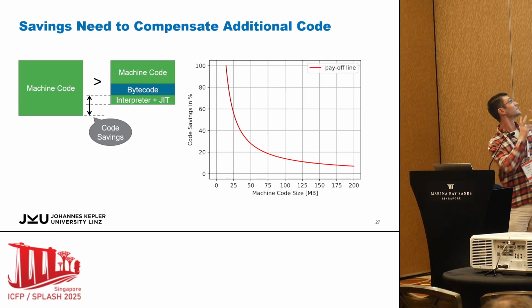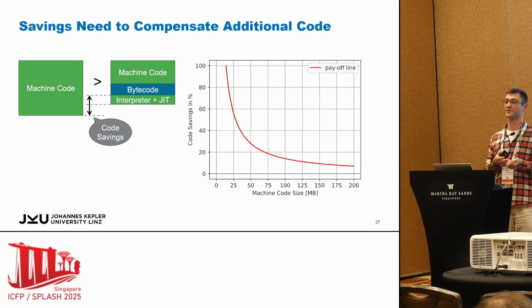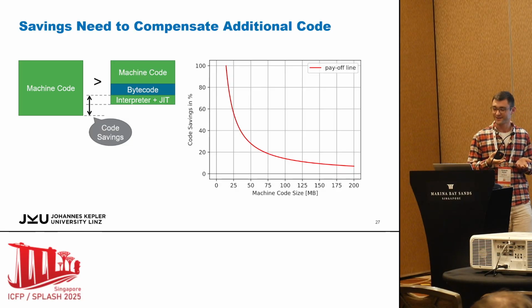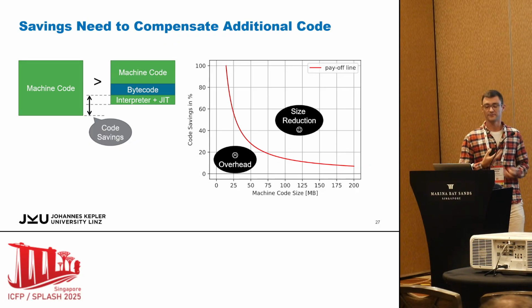Of course, for very small applications, the interpreter overhead and just-in-time compiler overhead is very high. On the other hand, for larger applications, size reduction is achieved really fast.